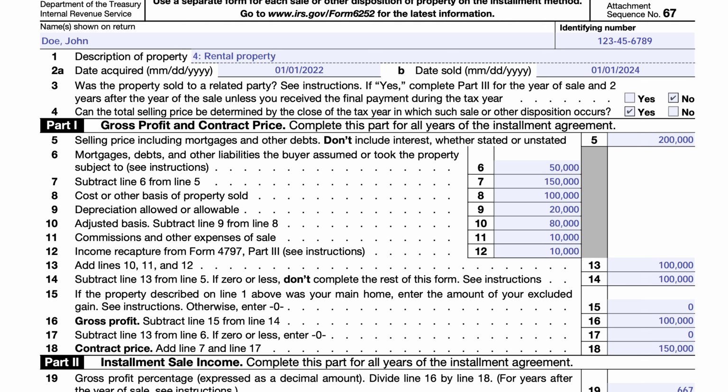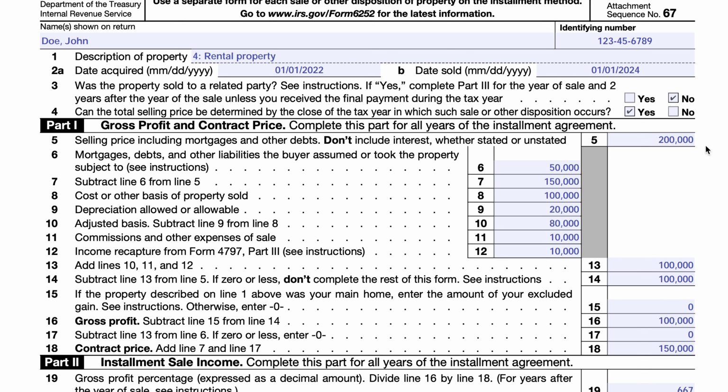However, you would not include any interest income, whether it's stated or unstated interest, in line 5. In line 6, you would enter any mortgages, debts, or other liabilities that you transferred to the buyer. So you're not going to include any new mortgages that the buyer obtains from a bank, only an existing mortgage.